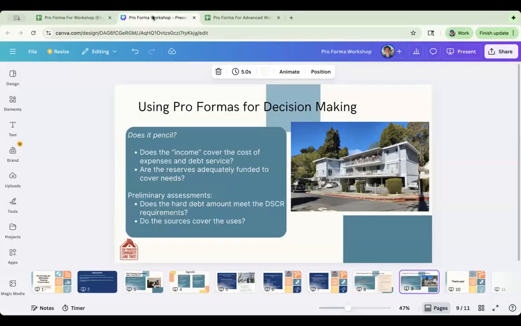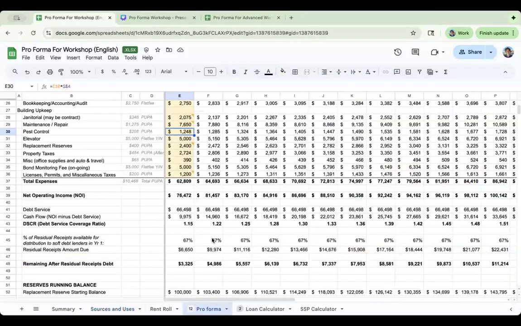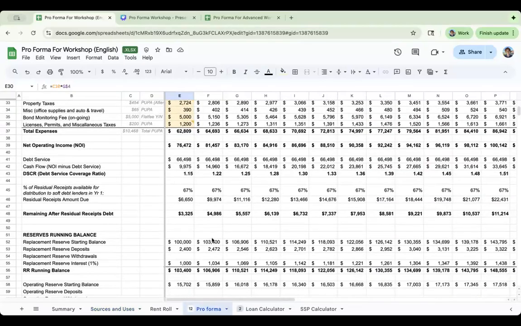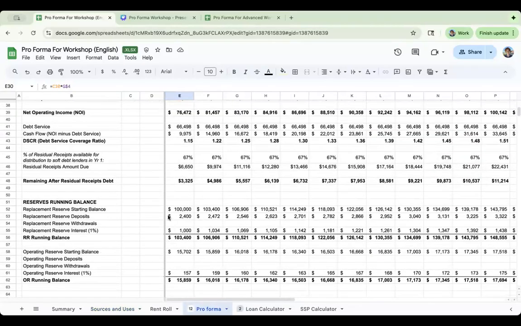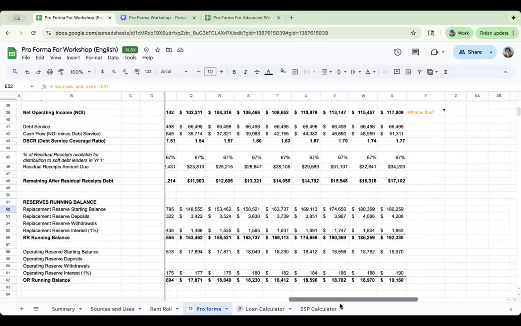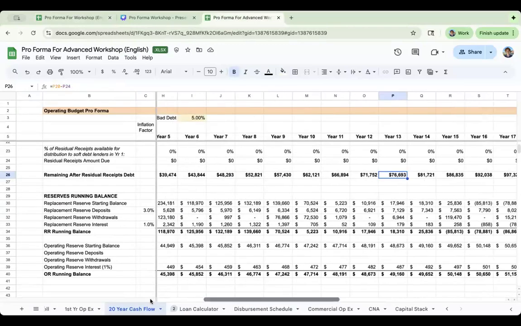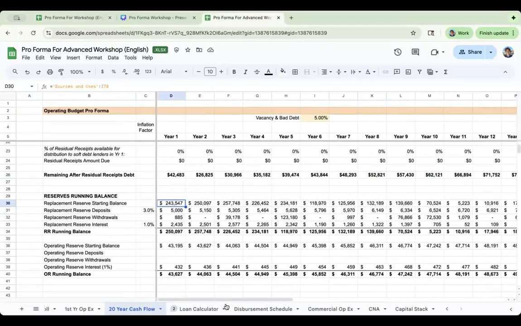And then our second question, the reserves. Okay, so let's look at those. We looked at this a little bit. Here's our reserve. We start with 100K. We'd like to start with more because we have a lot of expenses. Oh, this is not the one. It's over here. Okay. So here we start with 243K, even better.